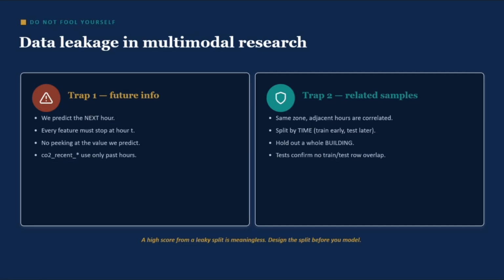So we need to respect time and the related samples when constructing the evaluation. The simple rule is, if information would not be available when making the real prediction, it cannot be in the feature set. This is very important.